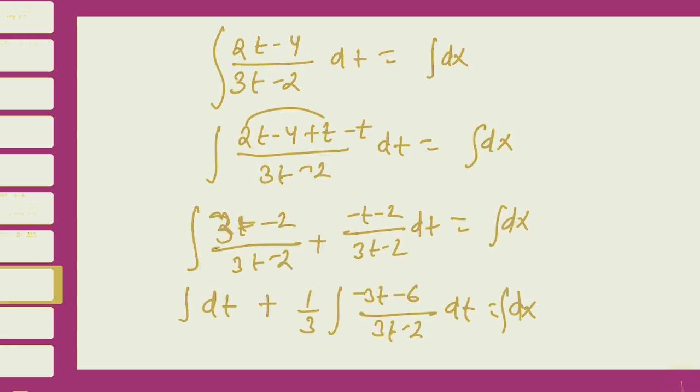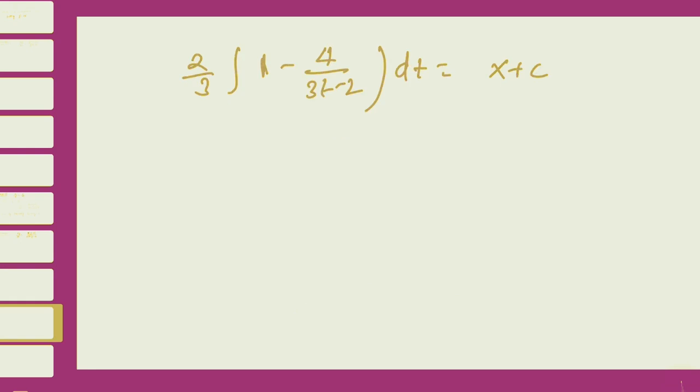So it will become 2/3 times (1 - 4/(3t - 2)) dt = x + c, because the integration of dx is x, where c is any constant. So it will become 2t/3 - 4/9 log(3t - 2) = x + c.